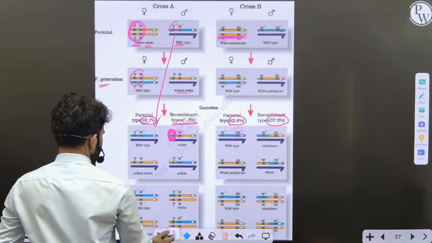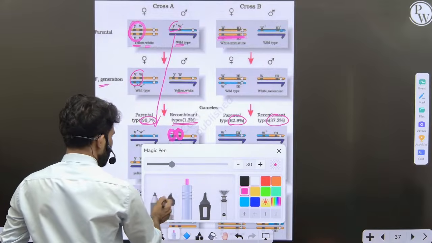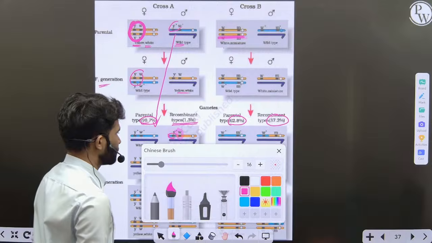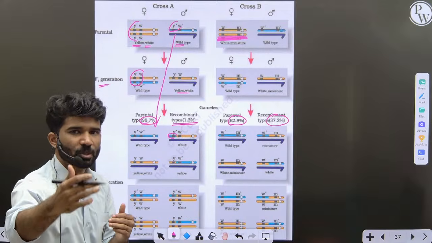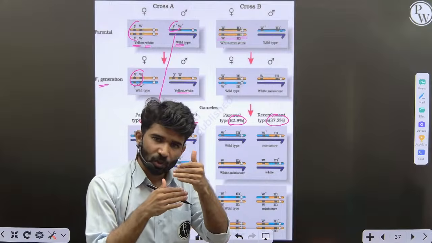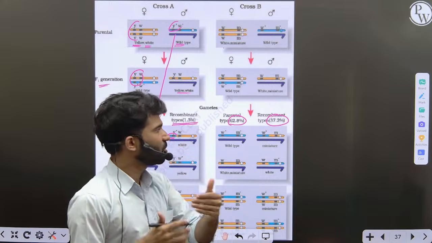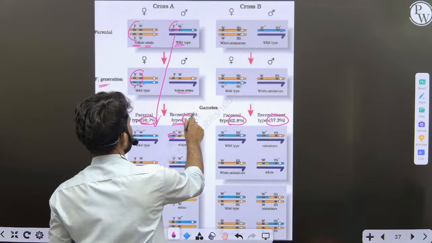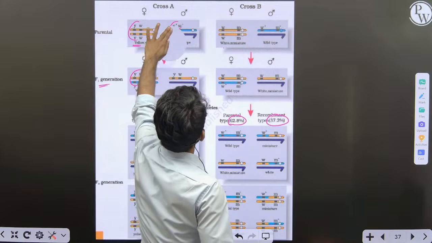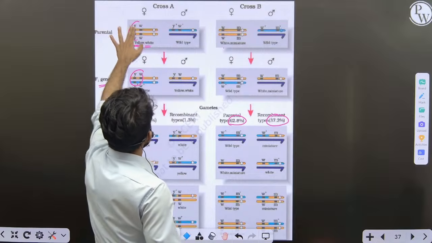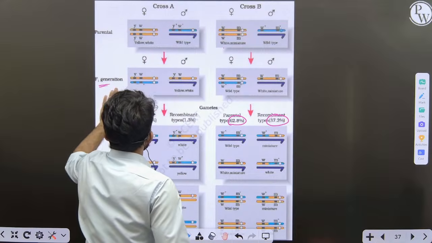That is what causes the difference in the frequency of recombination. When they are loosely linked, the frequency of recombination is high. When they are closely linked, the frequency of recombination is low. Right, so that is about recombination.